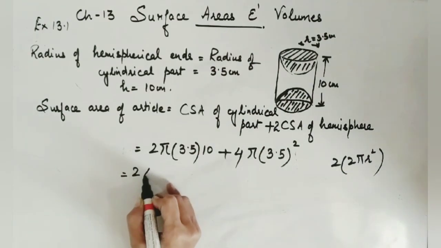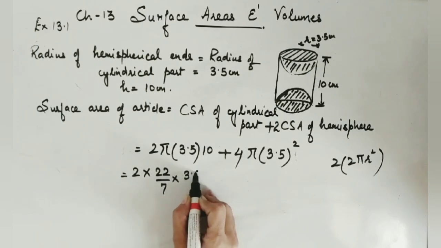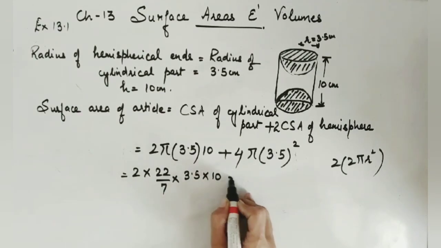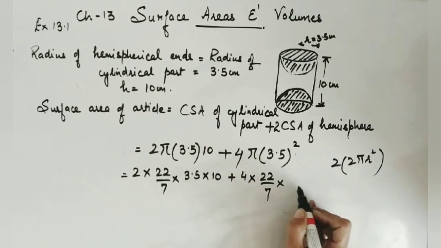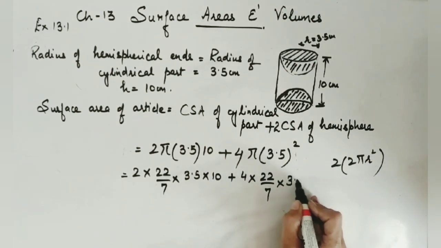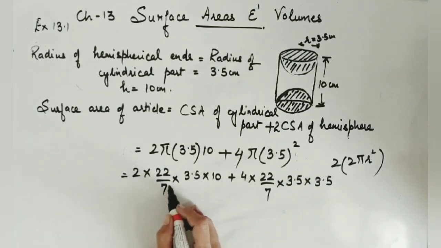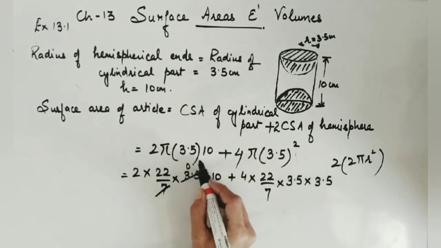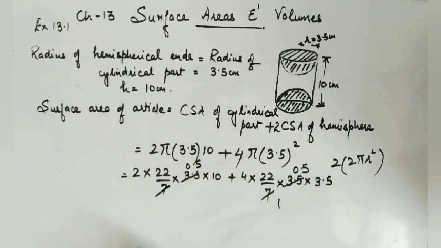Solve this, put the values. Pi is 22 by 7. This is 3.5, this is 10, and 4 times another 22 by 7 times 3.5 square. Solving this, cancel this, this is 0.5, this is also 0.5. Multiply all these, finally add both.